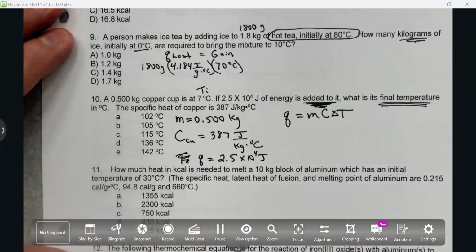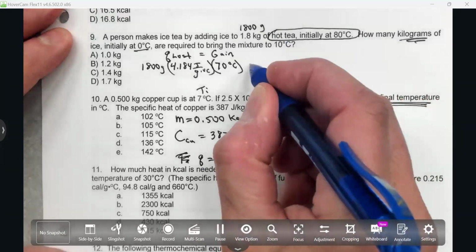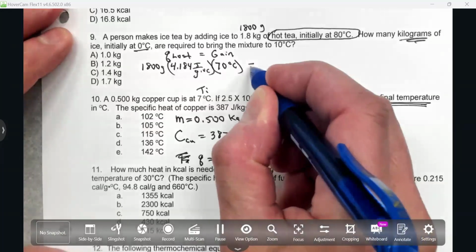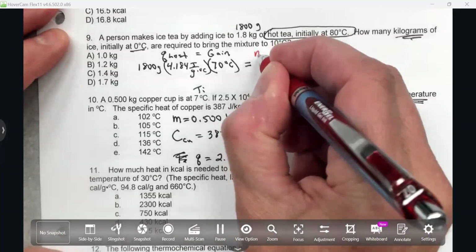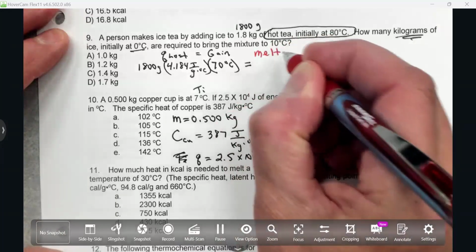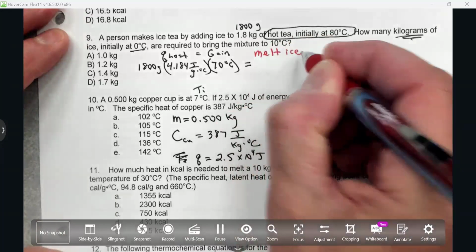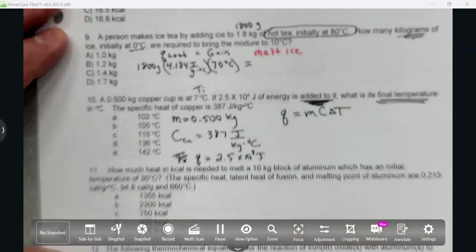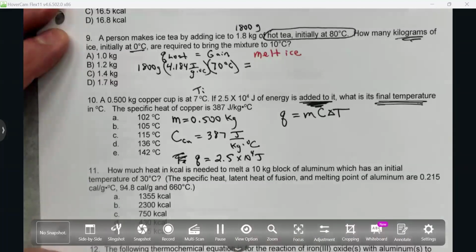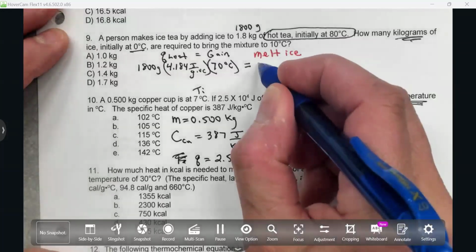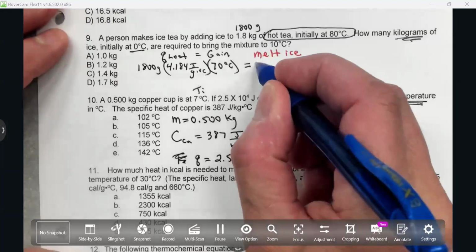But the gain of heat is going to involve 2 things. We first have to melt the ice. First thing we got to do is melt that ice, correct? We can't get it to 10 if we don't melt it first. So we got to melt it first, which is going to be the mass.